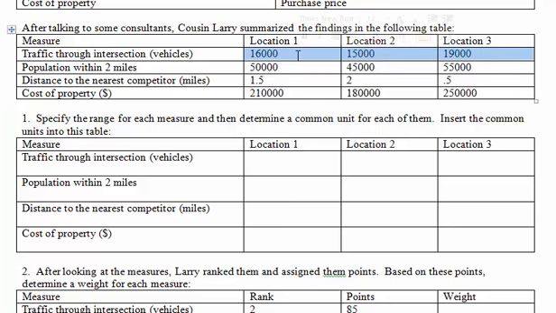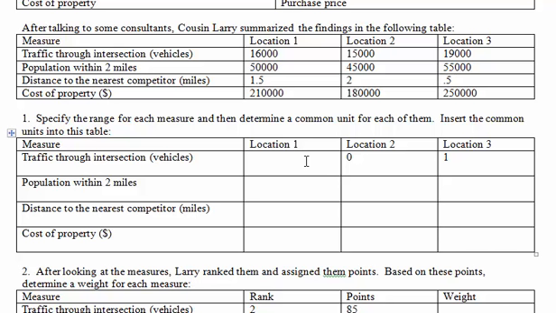Which one of these is the best? Well, traffic in this instance is going to be good. So 19,000 would be your 1, and 15,000 would be your 0. And then the middle number, if you recall, is middle minus worst over best minus worst.